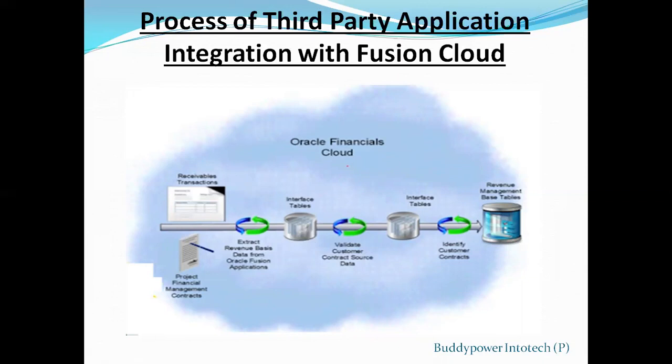Whatever data is retrieved is first inserted into the interface table. You getting my point? So this whole process is called identify customer contracts. Here you extract information, then it goes into the interface tables, and you validate the customer source data. Then again, that is put into the interface table.